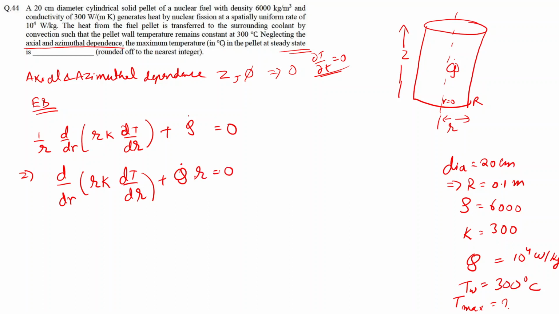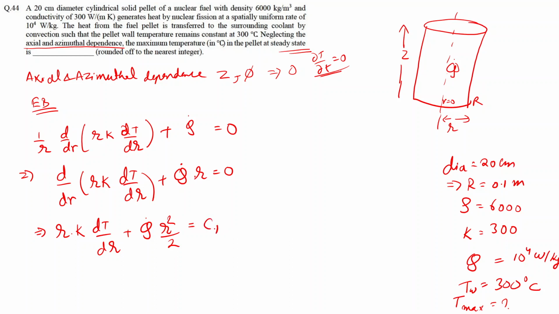Now we can integrate this equation with respect to r once, and it will give us r k dT by dr plus q dot times the integration of r, which will be r square by 2. This will be equal to c1.